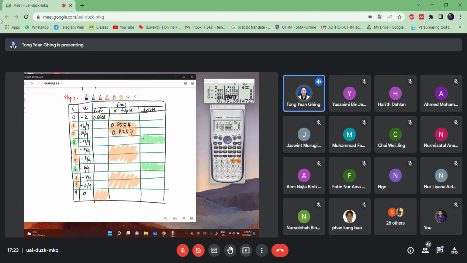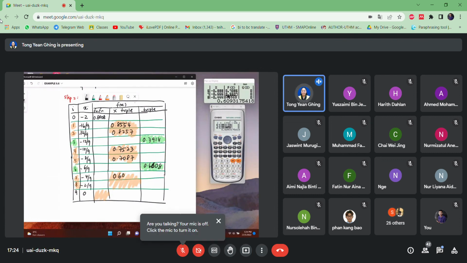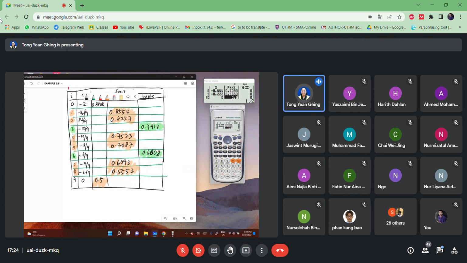Next, put here 0.7914. 0.7523. 0.7087. 0.6608. 0.6093. 0.5553, and then the last one 0.5. Okay, like this. And then I have to do the summation.